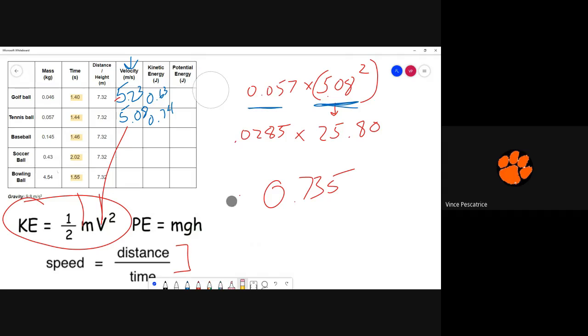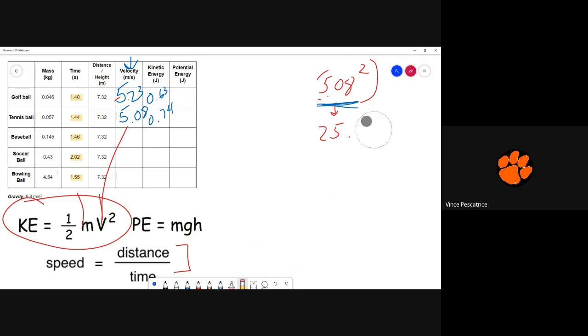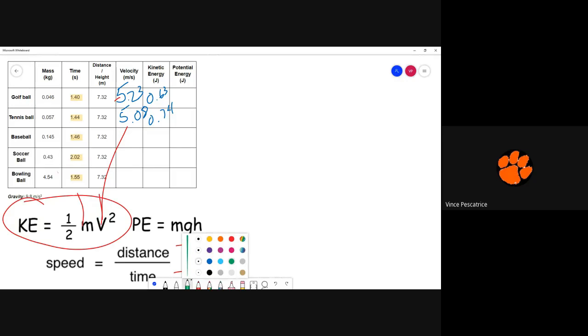This one's a lot easier because the steps are more straightforward. You don't have to worry about plugging it in the wrong order, because the order is pretty simple. So for potential energy, all right, the formula is right here.